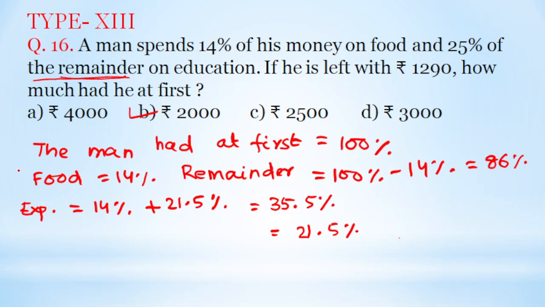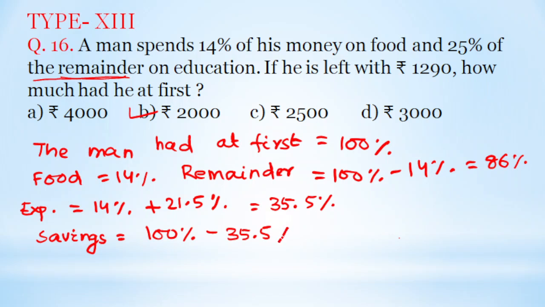So savings is equal to 100% minus 35.5%. So that is equal to 64.5%.